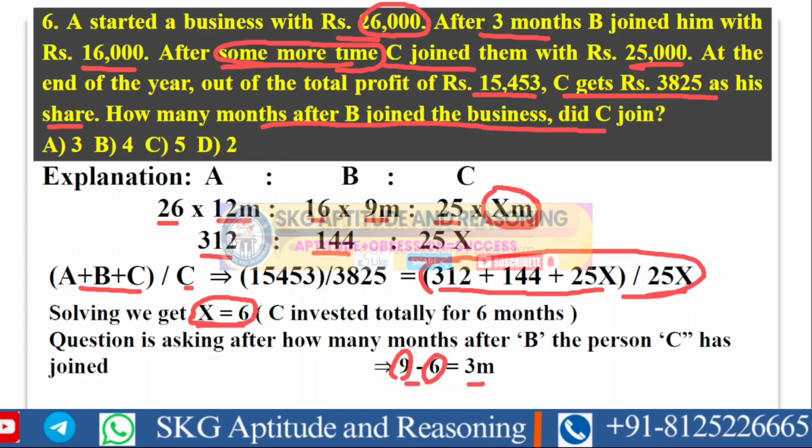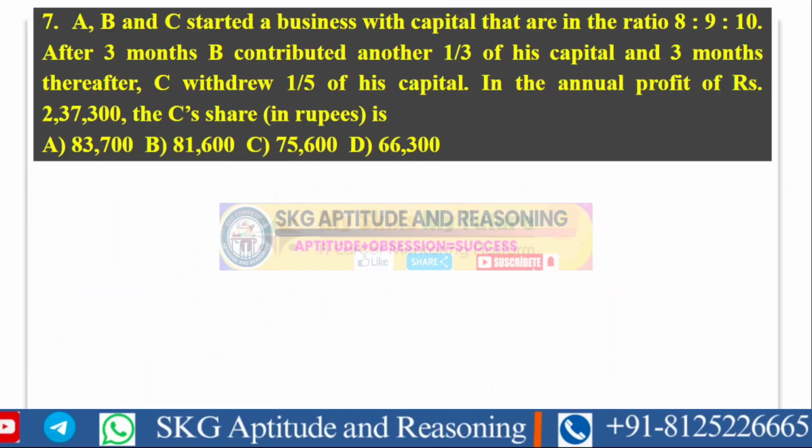A 3 months gap, which means after A started the business, B joined after 3 months, and 3 months after that, C joined the business. So the answer for this particular problem will be option A. It means C joined the business 3 months after the joining of B.